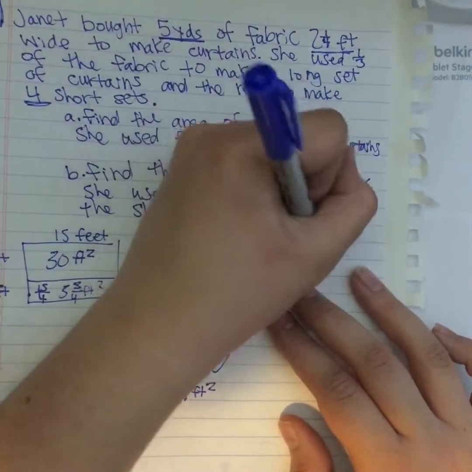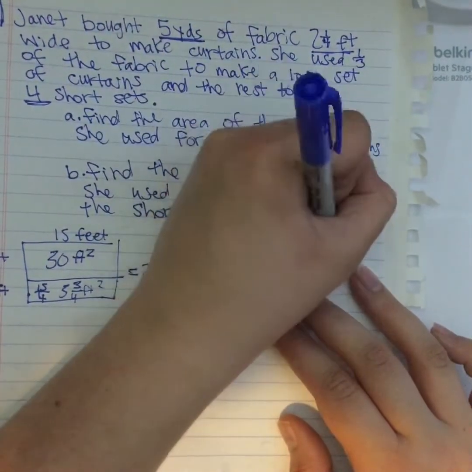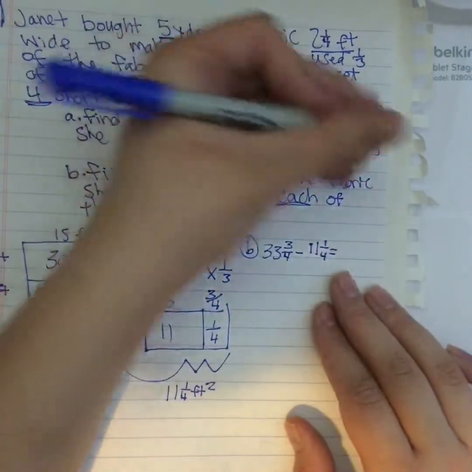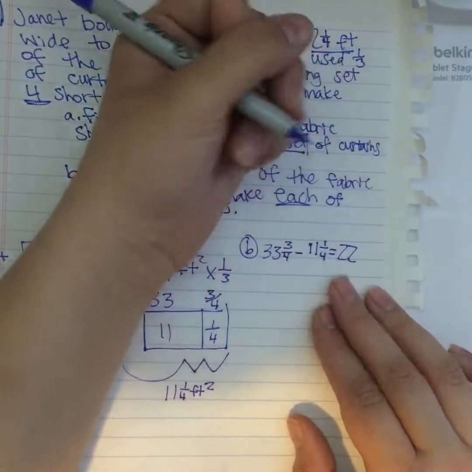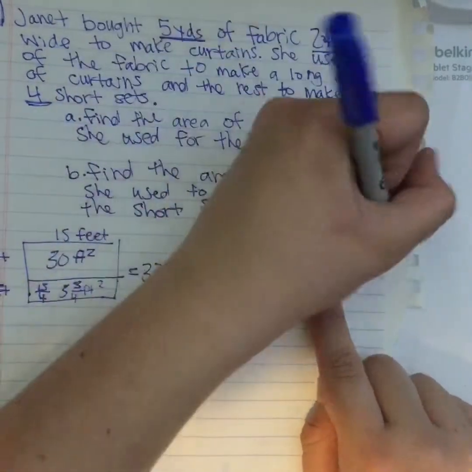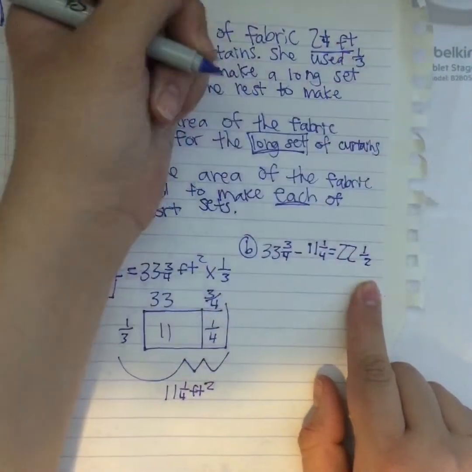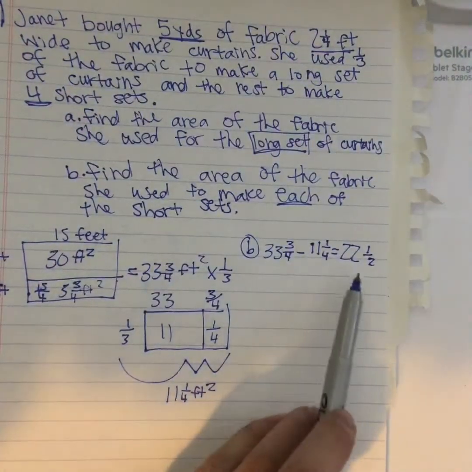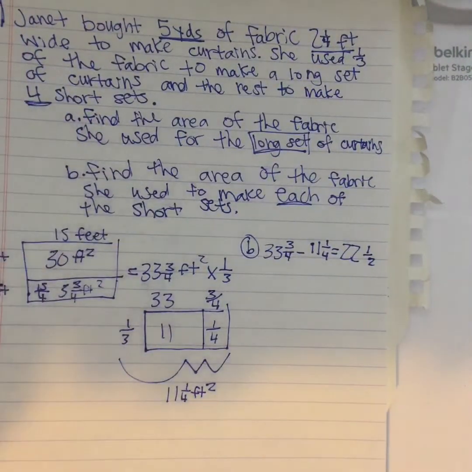She used 11 1/4 of that, and she ended up having 22 2/4, also known as 22 1/2, left. So that's what she had left to use between all 4.